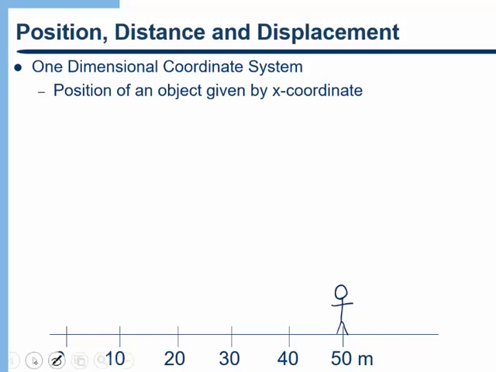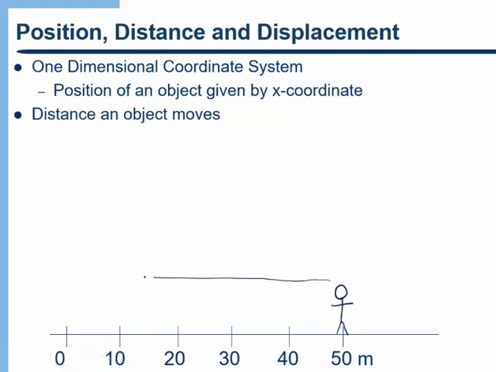Once we understand the concept of position, the next thing that we can do is specify distance. So let's say that our person, who starts out at a position of 50 meters, walks to 0 and then comes back and stops at 10 meters. What distance did they travel?